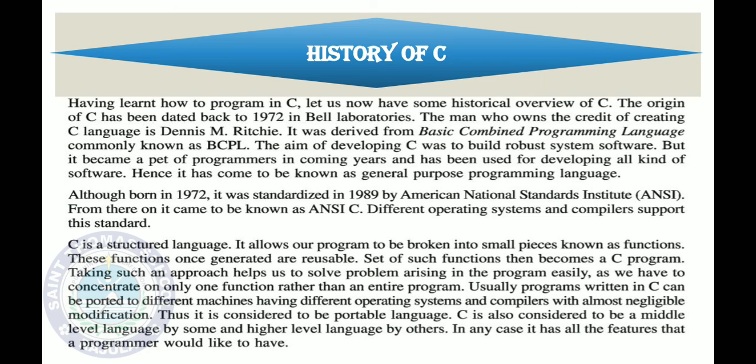So whatever features are needed for the programmer to do the programming, most of those features are available in the C language, and that is why C is the basic language for programming. If the programmer knows the C language well, then he or she can do programming in any other language very easily.